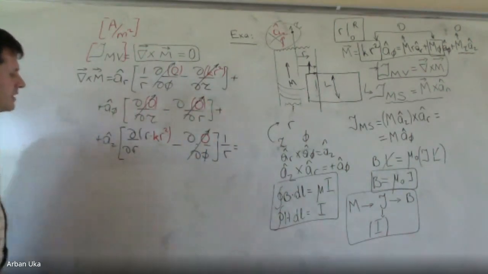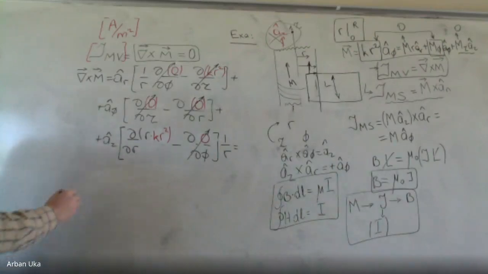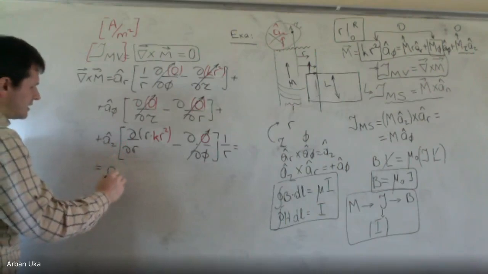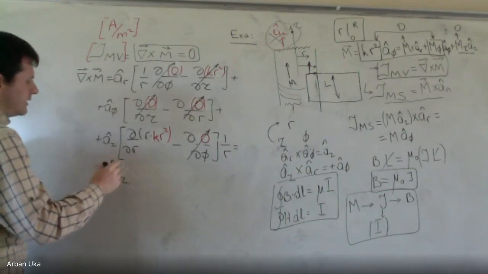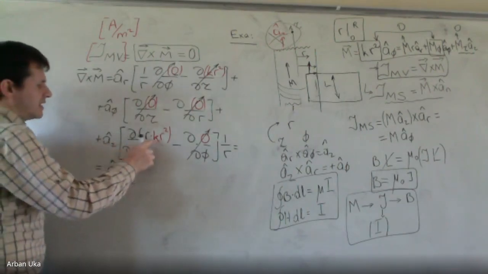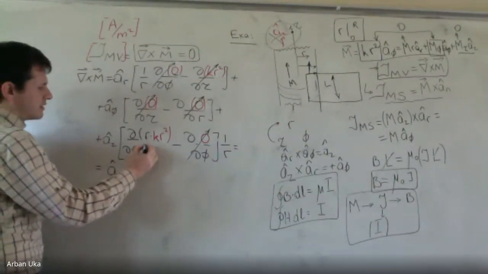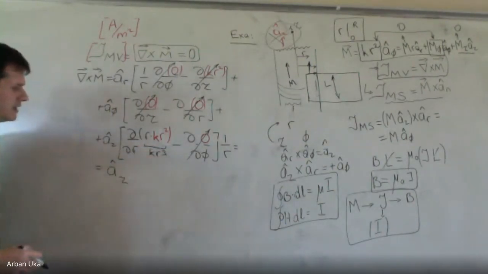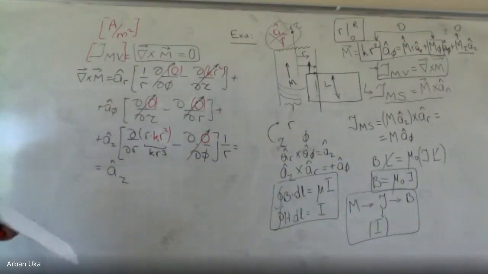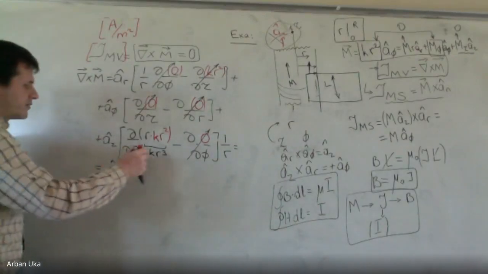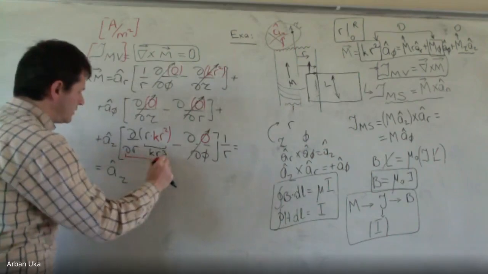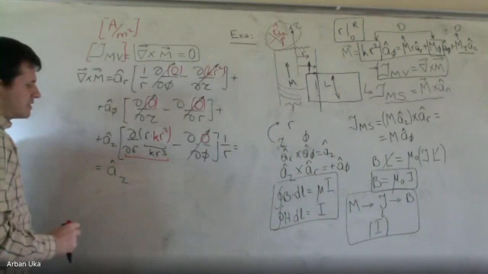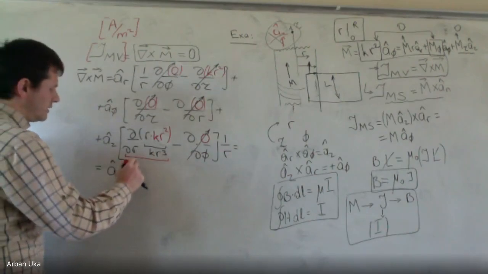So it looks like we are left with a single term, which is going to be equal to a result in the A_Z direction. And we have here K R cubed. What is the derivative of K R cubed with respect to R?